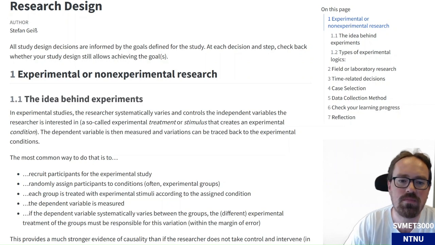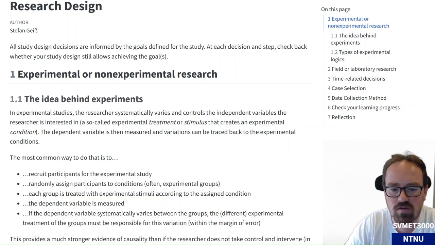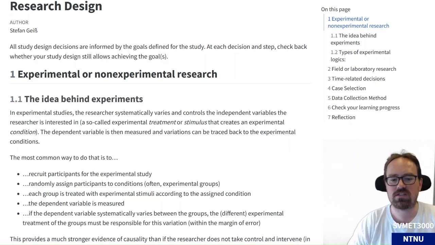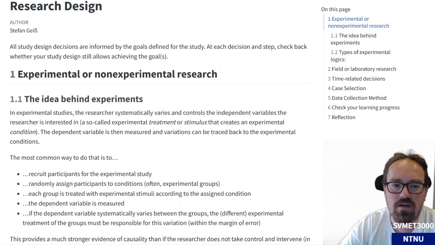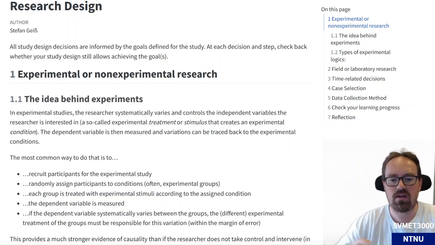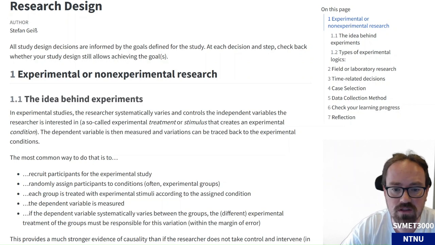In fact, experiments usually don't define a population of inference, but just take their participants as the starting point, and by sorting them into different conditions on a random basis, we achieve the validity of the experimental logic.